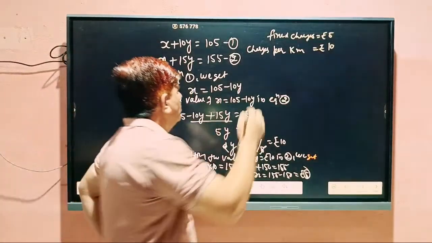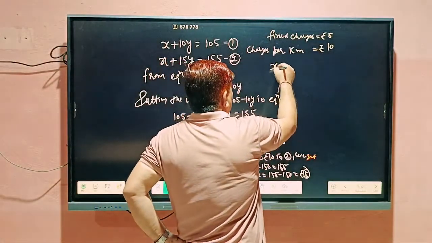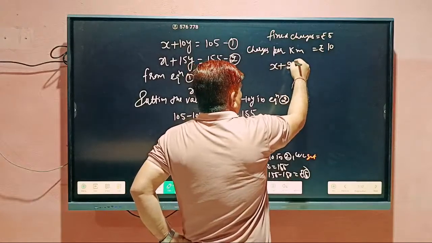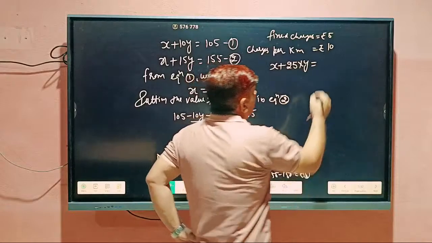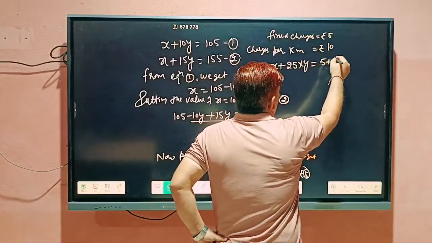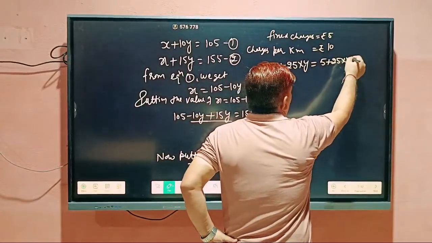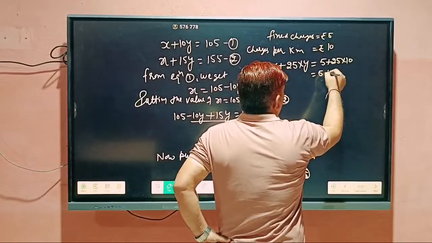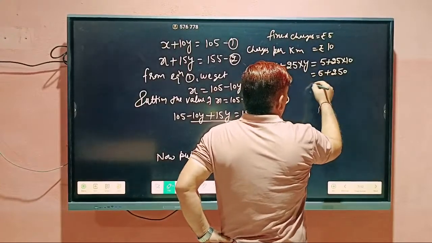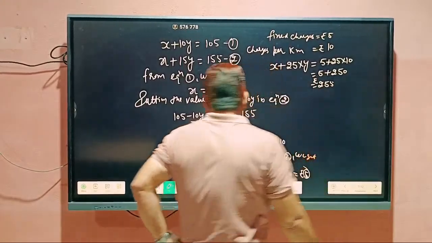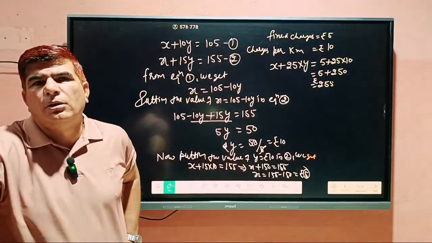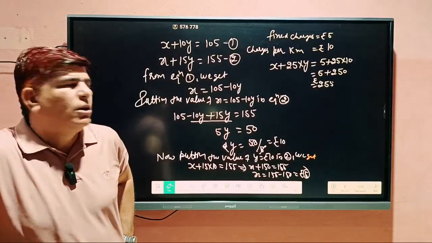According to our question, the fixed charge is X and the per kilometer charge is Y. This we have to find out. So X is equal to 5 plus 25 into 10. So 5 plus 250, that is 255. So that person pays rupees 255.